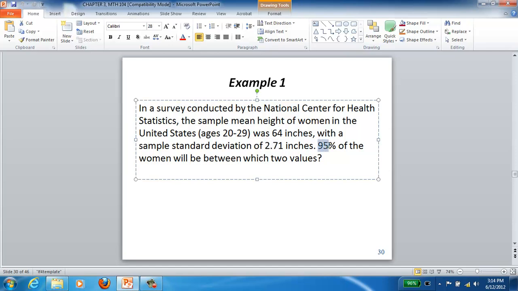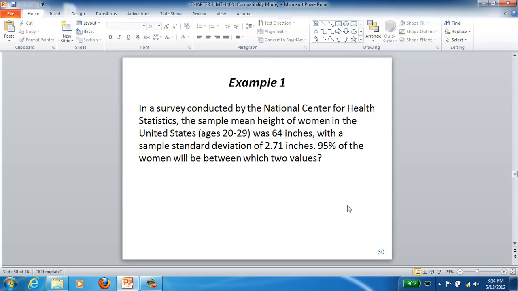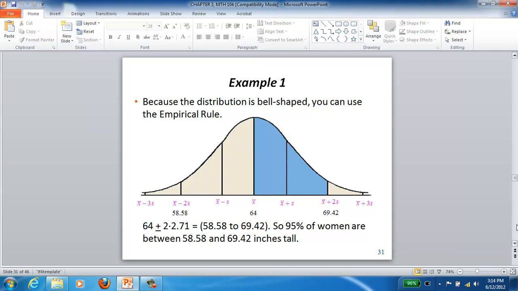Because it says 95%, we are looking for x bar plus minus two standard deviations. So you do 64, the sample mean, plus minus 2 times 2.71. That means 95% of women are between 58.58 and 69.42 inches tall.